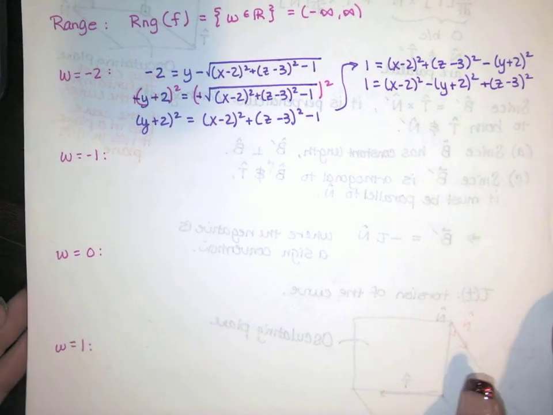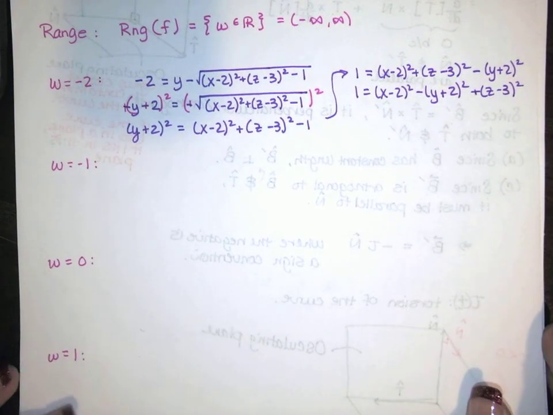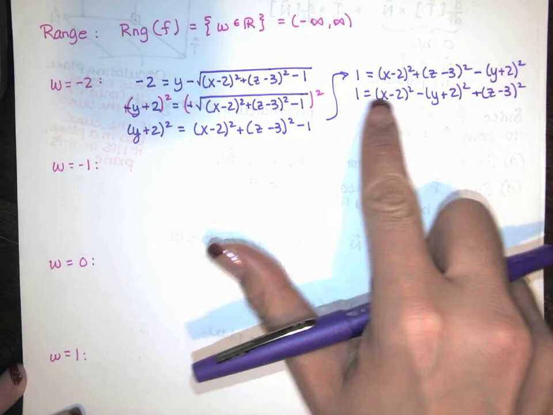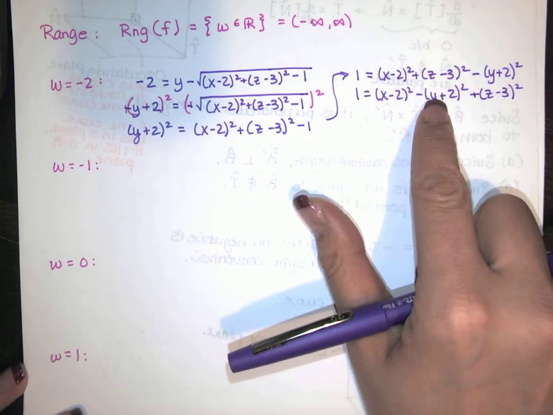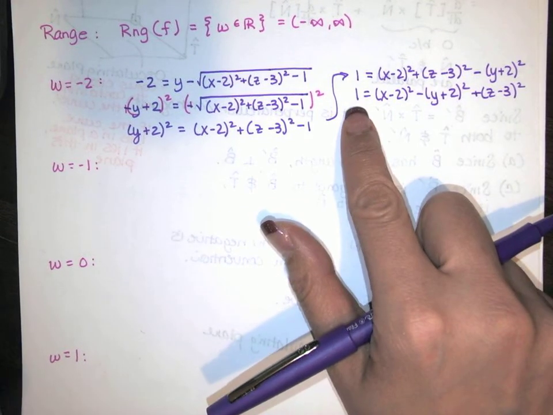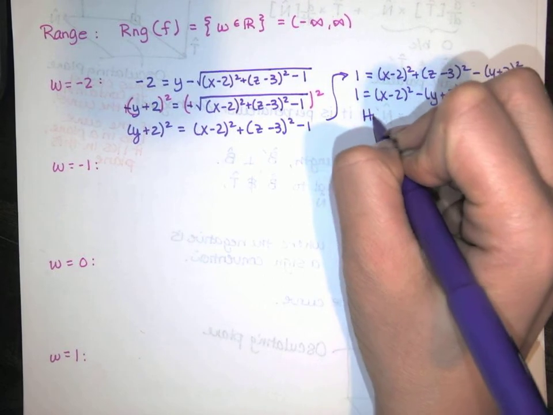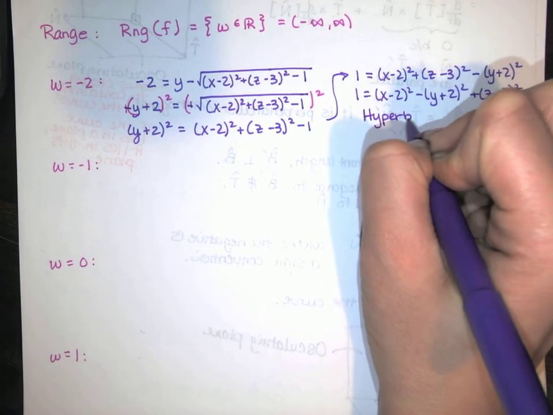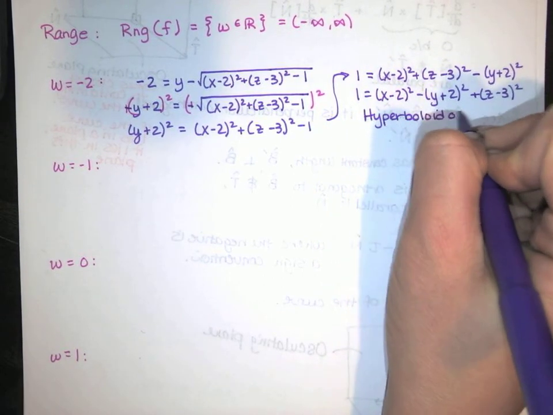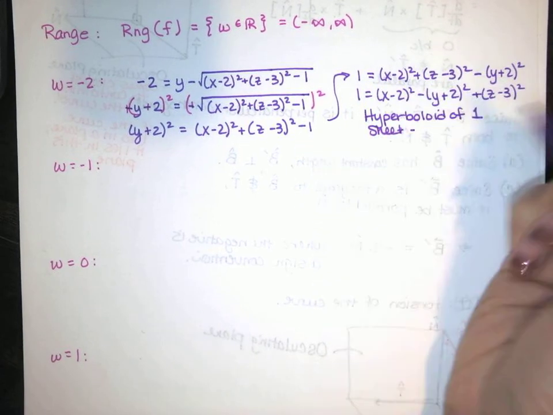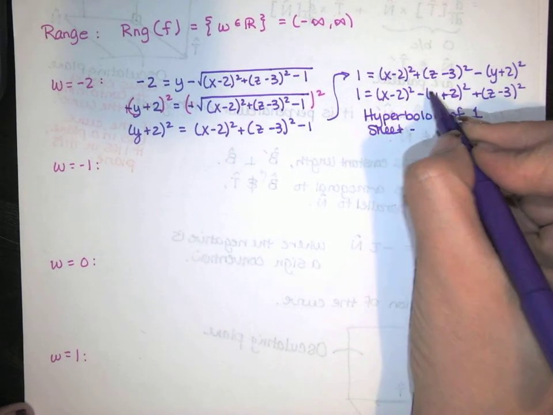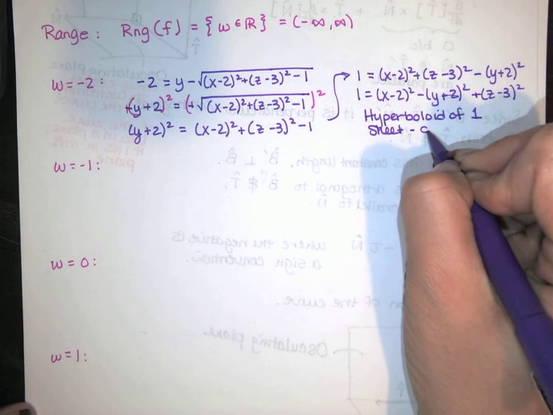You see what it is? I've got 3 squares, 2 positive, 1 negative, and a 1 over here. So this is a hyperboloid of 1 sheet. It opens parallel to the y-axis because the y is negative.